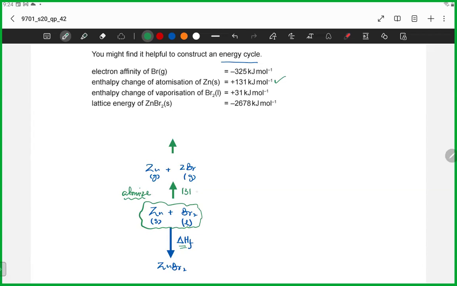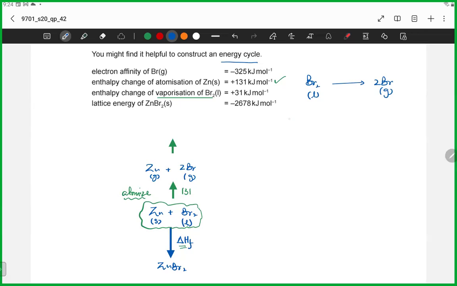Now, how do you atomize the bromine? The problem with bromine is they haven't given me the atomization. They've given me the vaporization of bromine. So what I'm looking for is to convert bromine liquid into bromine gaseous atoms, right? I want to atomize it, but they're only vaporizing it.